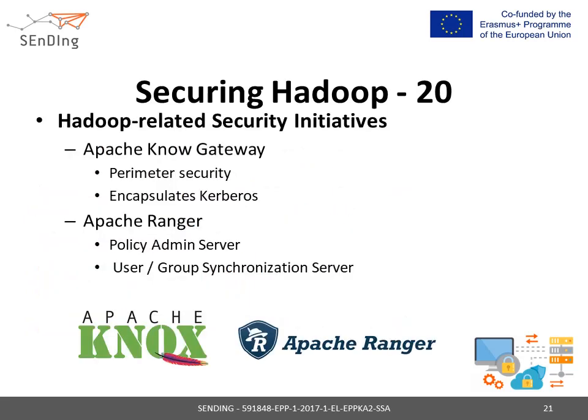Two other Hadoop-related security projects will be presented here. Apache Knox Gateway, usually referred to as Knox, provides perimeter security for controlling Hadoop access while adhering to your corporate security policies. Knox provides server-level authorization at the perimeter.